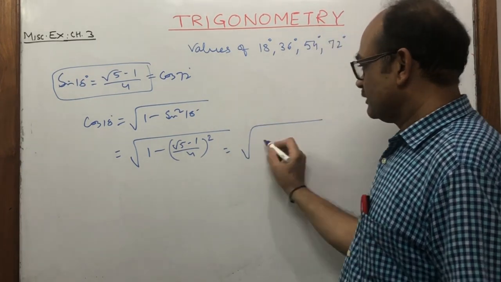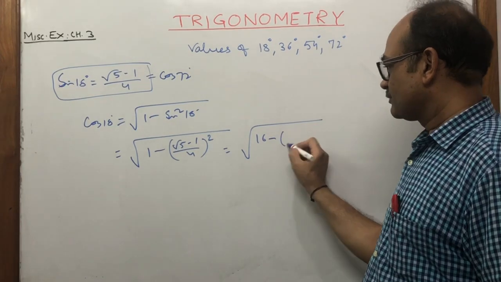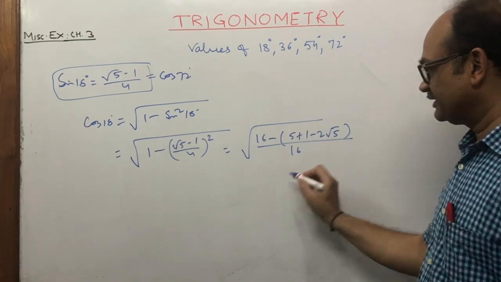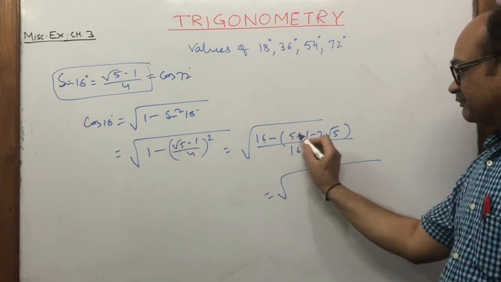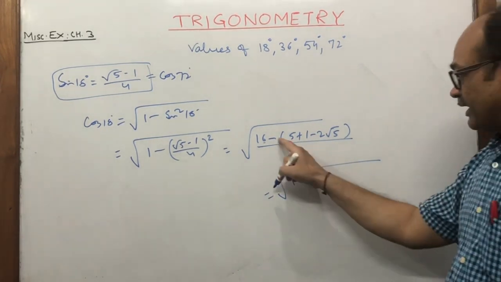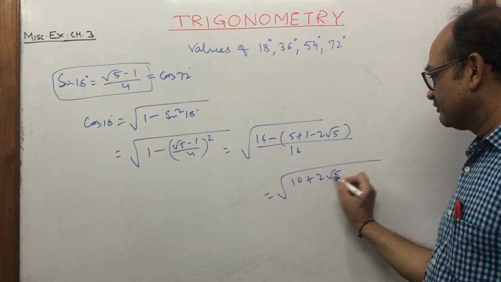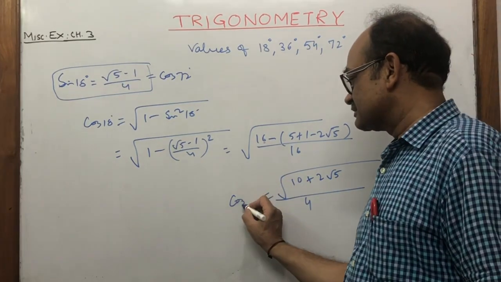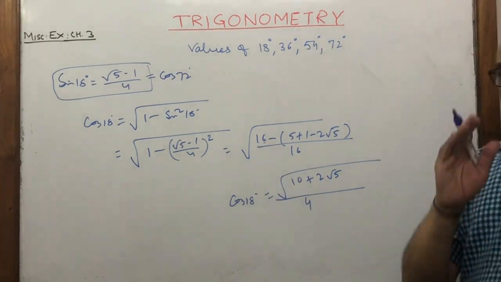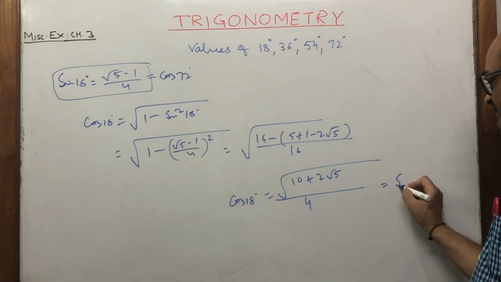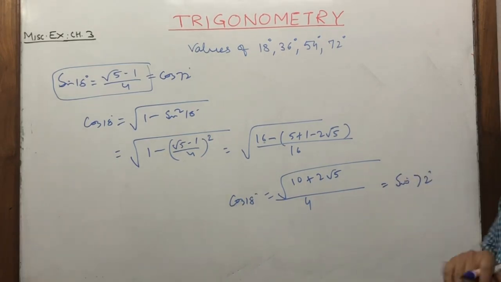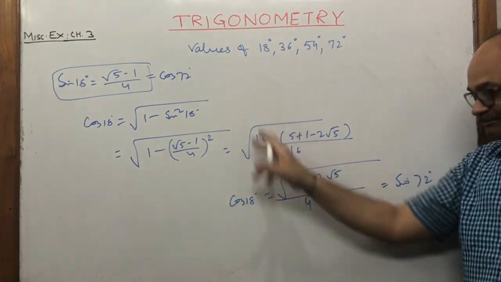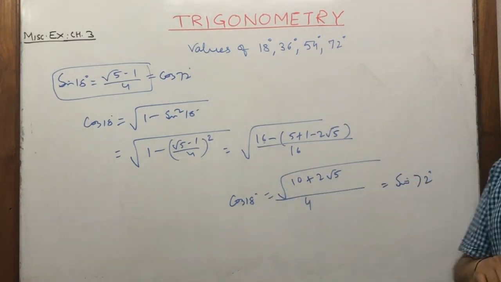What are we getting? 16 LCM, 5 plus 1 minus 2 root 5 divided by 16. Hence 16 minus 6 plus 2 root 5, under root, divided by 4, is the value of cos 18. When you know cos 18, it is nothing but sin 72. If sin 18 is known then cos 72 is known, and if cos 18 is known then sin 72 is known.